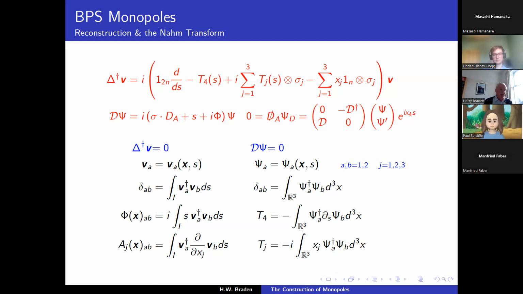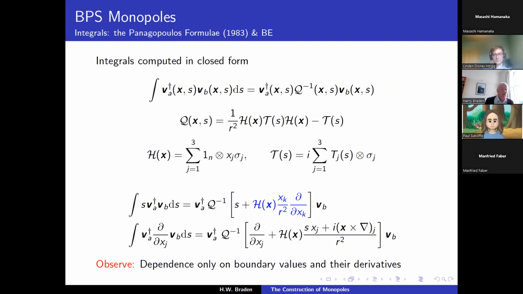Now, here we have to solve an ODE and integrate. And integration is hard, and you might worry that this is impossible. But there was a nice result from the 80s that showed how we could integrate these in closed form. So I've just written this down here. Remember, I've got Δ†V equals 0.